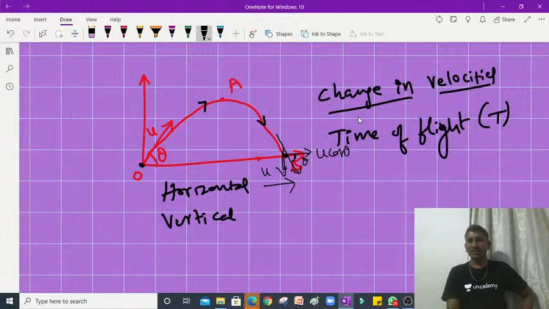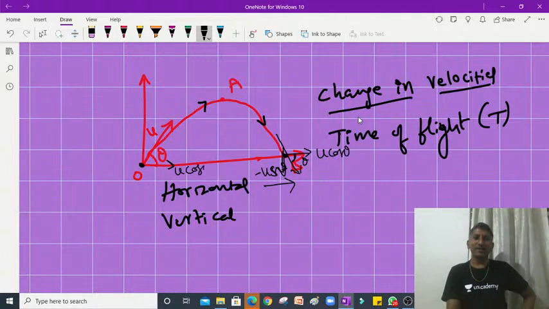In this direction u sin theta takes place with a negative sign, since it is downward now, so minus u sin theta. Here at the point of projection, in this direction u cos theta, since theta is made with the horizontal, and in this direction u sin theta takes place, right?